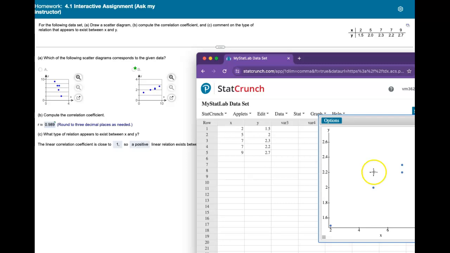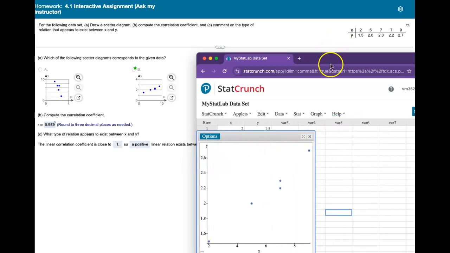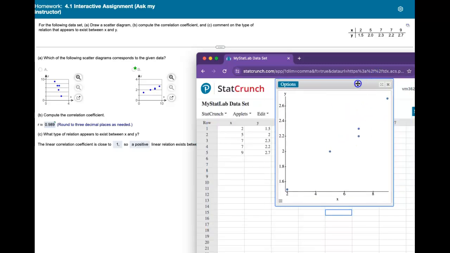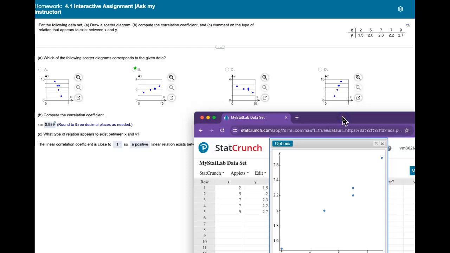So now we have a scatter diagram to compare to the ones that are given.